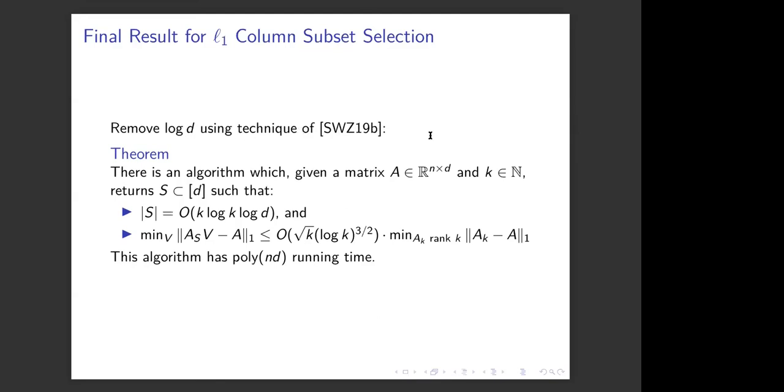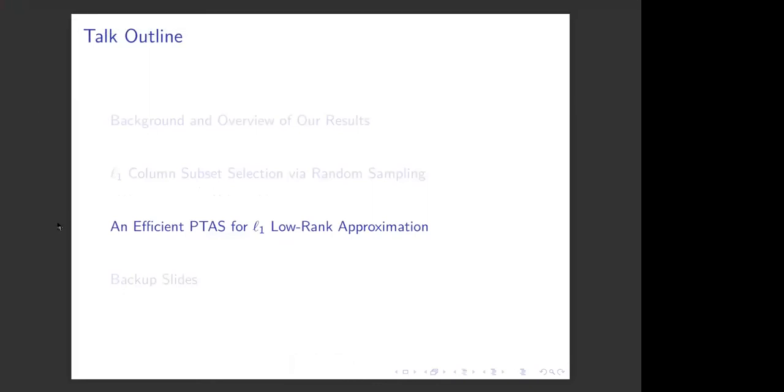In this previous paper, they improved the approximation factor from k log d to k log k. And by using their analysis, we can improve the approximation factor from root k log d to root k log k times log k. So that is our polynomial time column subset selection algorithm, which gets an approximation factor of essentially root k up to log factors.